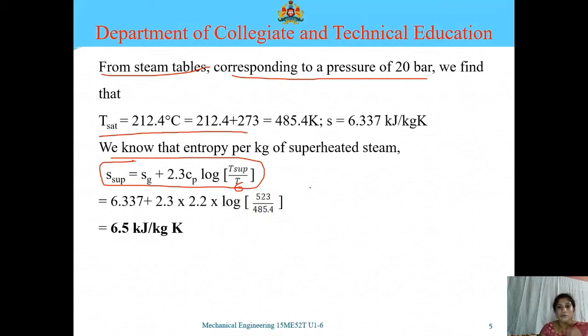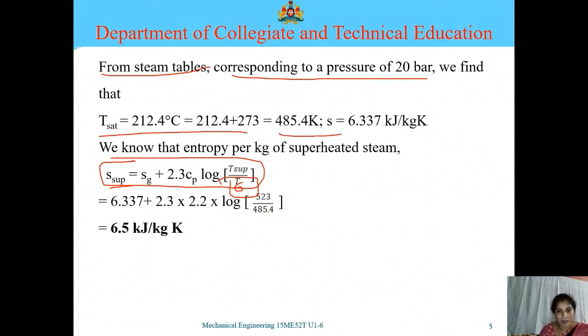You might ask me, why do I need to see the steam table? In the formula, if I want to calculate S superheated, then the saturation temperature of steam is required. For that reason, we are going to see the steam table for the corresponding pressure, 20 bar. Therefore, for 20 bar, I am going to find T saturated. T saturated will be kept in Kelvin scale.